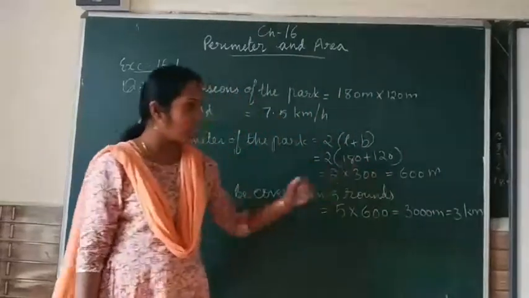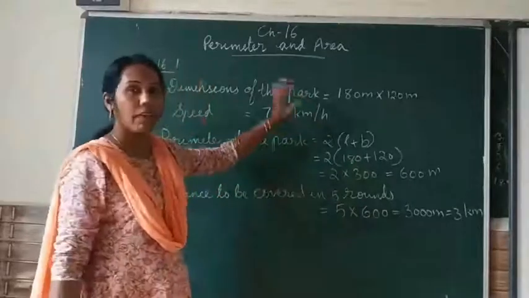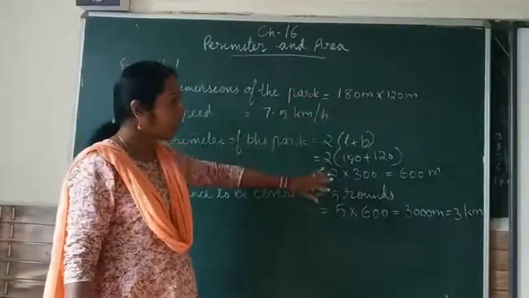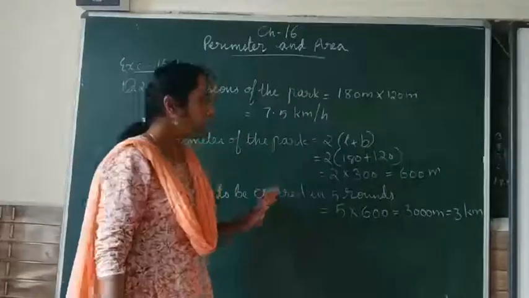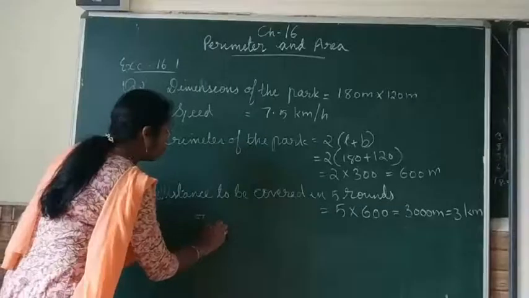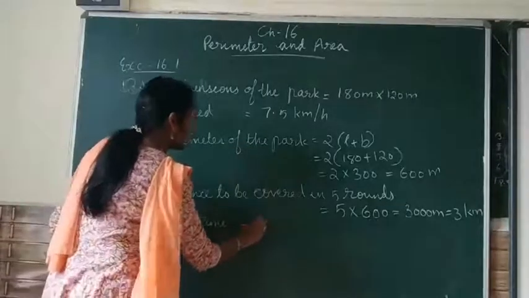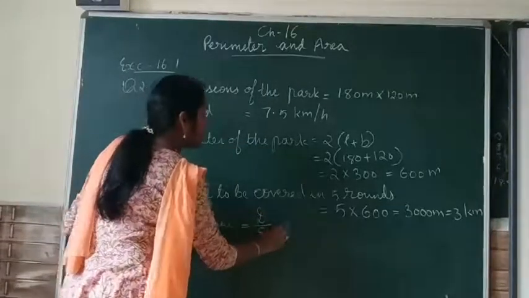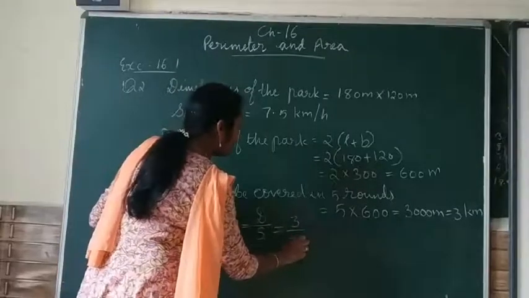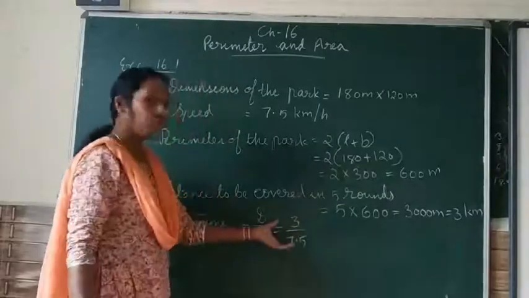We need to write in kilometer because speed is given in kilometer per hour. So in order to find out the time, first of all we need to write the distance in kilometer. Now we know that time is equal to distance by speed. Distance is 3 and speed is 7.5. This is the time in hours.